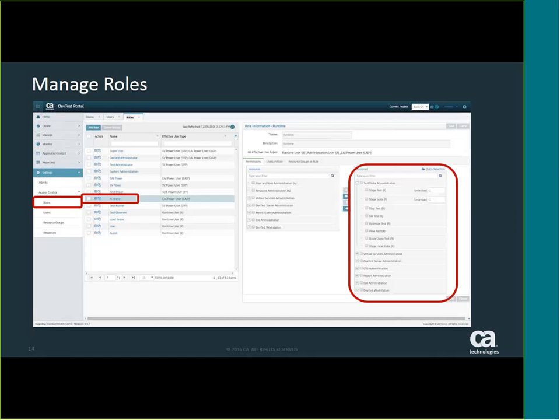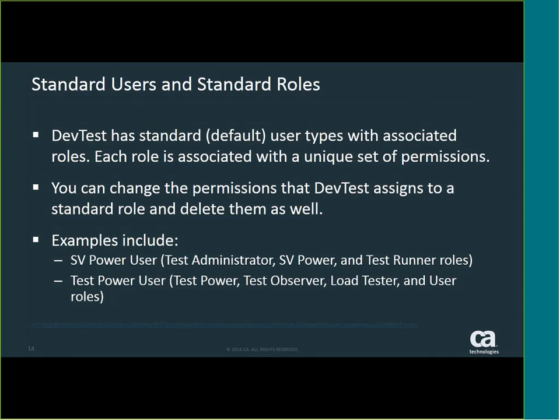Okay? So this role of runtime user, I can assign to a user called default user, right? And have everyone get those permission levels. So again, we have standard roles just as we have standard users. These are examples.